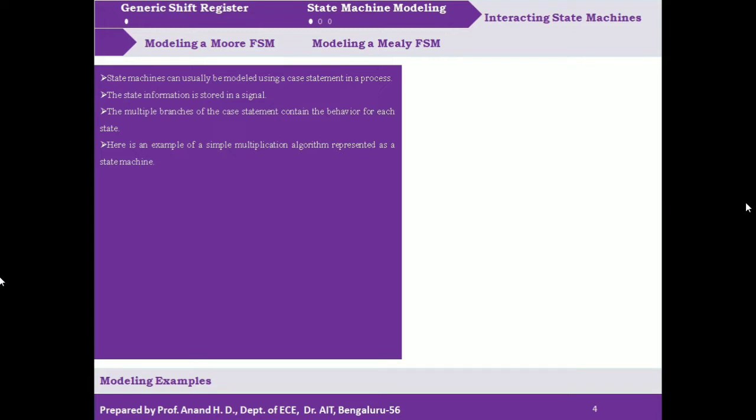So what it indicates is that the state machines can be modeled using Verilog code by making use of case statements. Okay, and then the state information will be stored in the signal, and the multiple branches of the case statement is going to control the behavior of each state.